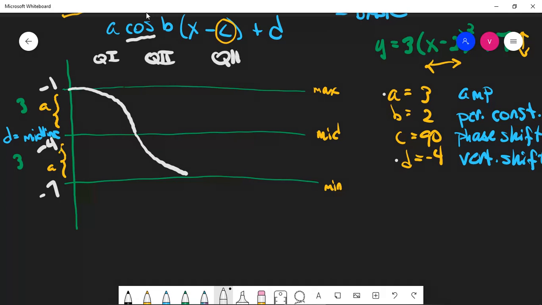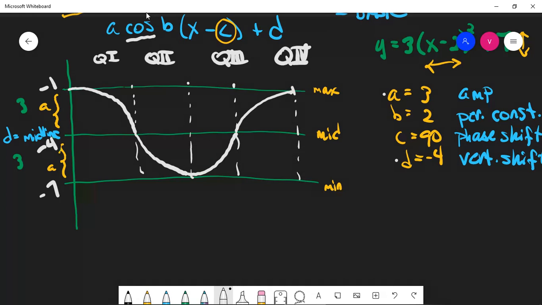Quadrant 3 on a cosine wave starts at a minimum and goes to 0, or the middle line. And then quadrant 4 on a cosine starts at the midline and goes back up to the max. So you have the 4 quadrants of a circle represented there, stretched out over time. Now going this way, that's representing your angle as you go along here.